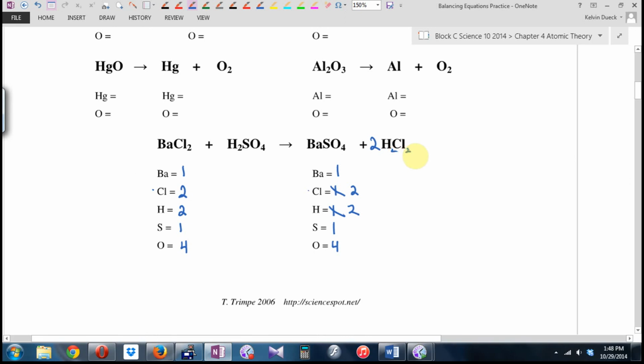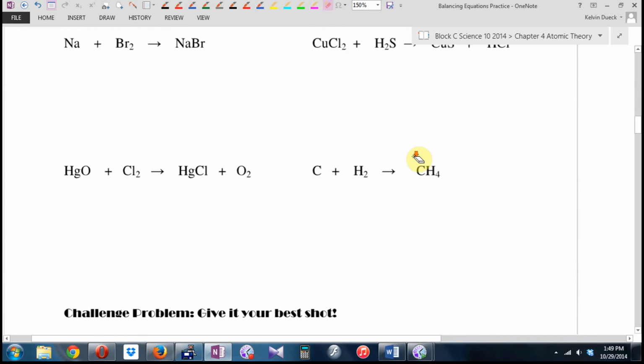We can't change the crisscross rule, because if you change the subscripts, you're inventing chemicals that can't exist. So the first step is crisscrossing so that the chemicals can exist. The second step is coefficients, so that the law of conservation of mass says the amount starting equals the amount after. Good question. Next page.